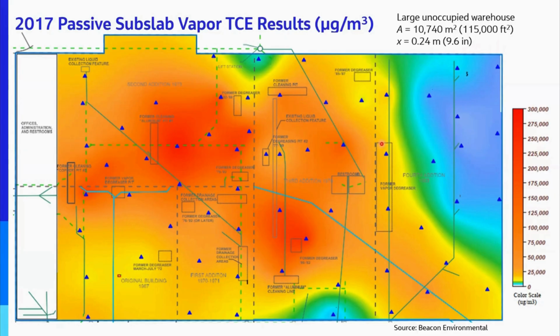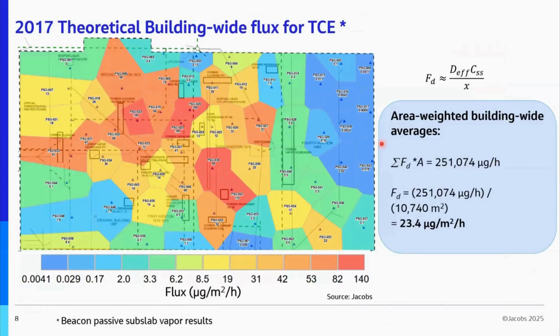So we use this data set and that diffusion coefficient I just showed you, and we calculated, well, what's the flux through this building? Taking each one of those points and dividing the area around it by a Thiessen polygon, we can multiply each concentration point by its respective area, sum them up, and get the overall predicted flux through this slab.